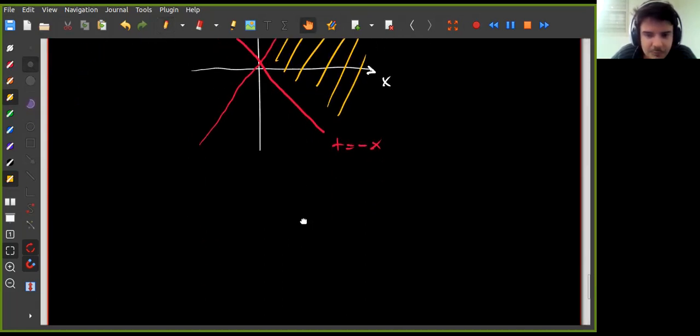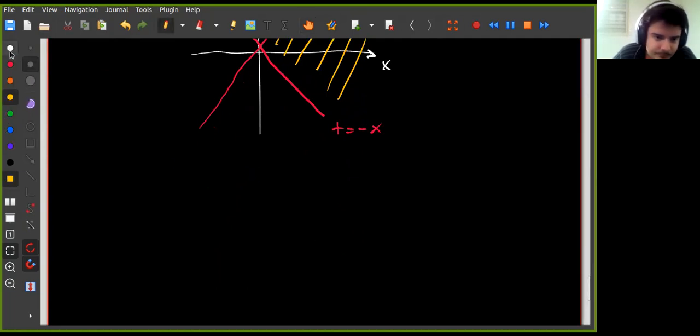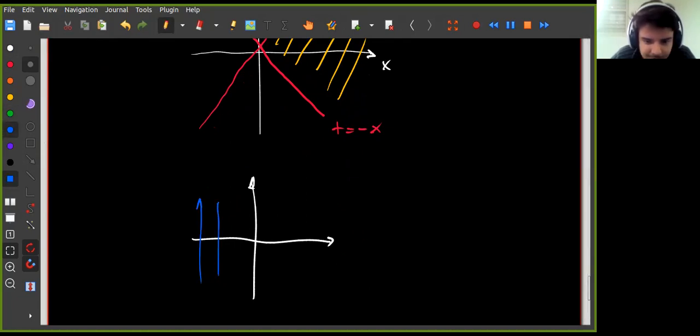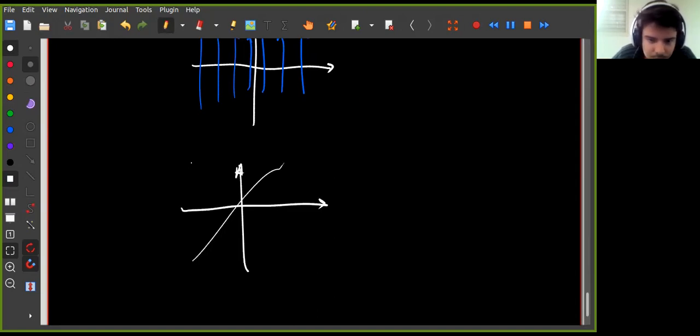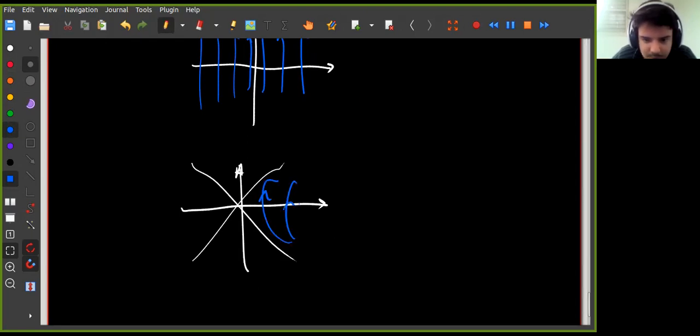This portion is interesting because of the following. We have two notions of time translation symmetry in Minkowski spacetime. One of them corresponds to simply moving along time translations, so you just go upwards in the diagram. The second of them corresponds to boosts, which move along the spacetime like this.